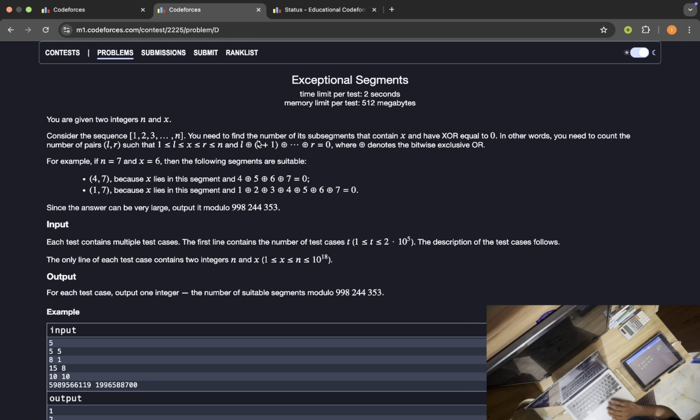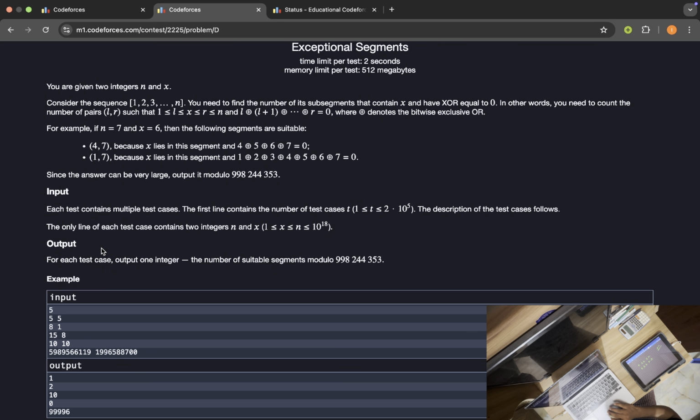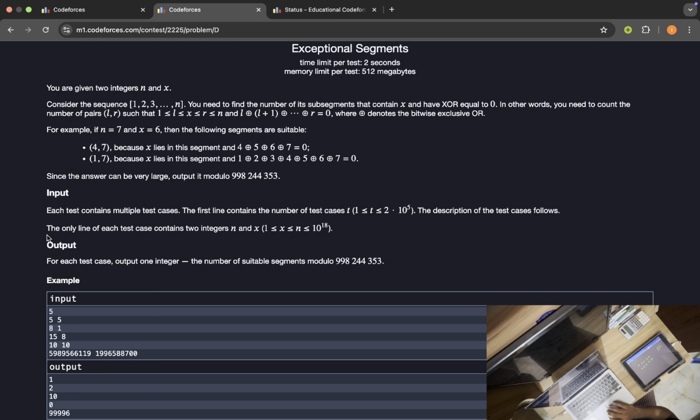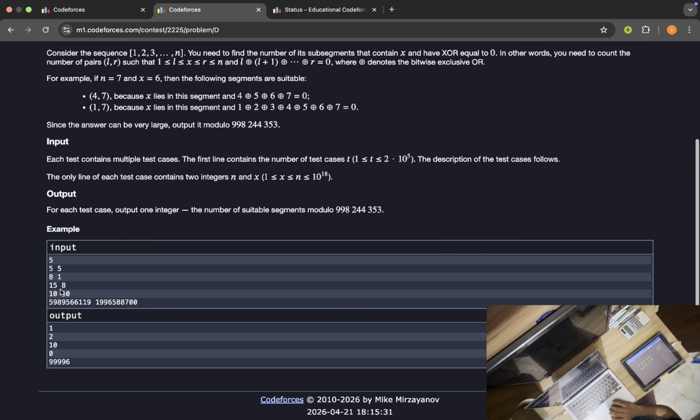For example, n equal to 7 and x equal to 6, then the following segments are suitable, 4 to 7. So x is an index, I guess. For each test case, the only line contains two integers n and x.